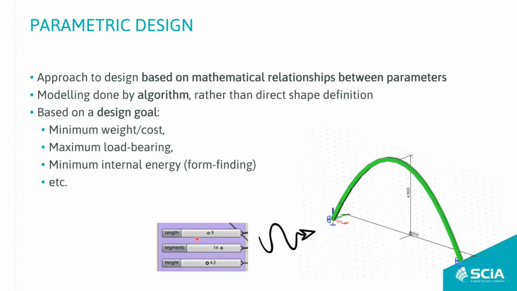Or if I'm a fan of membranes, I will do the design as form finding, or let's say the minimal internal energy. And there are also some other design goals which I can fulfill, and I'm searching.